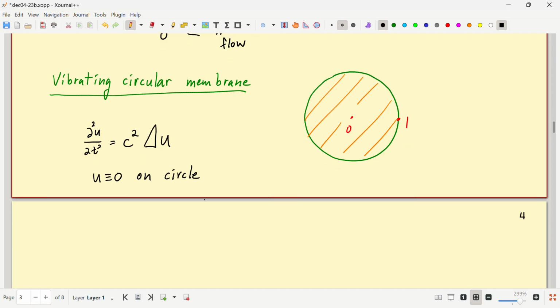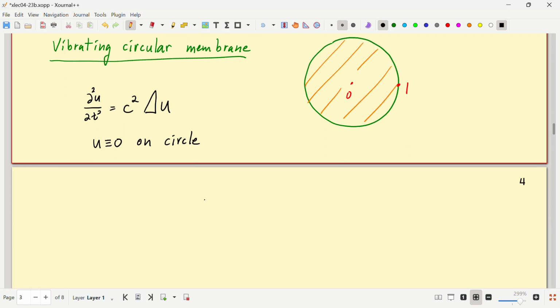And then we'd have an initial shape. If I hit it with a drumstick, that would make a dent in it, so there'd be initial displacement, and whacking it with the stick would also give it initial velocity. So let's do this in polar coordinates.